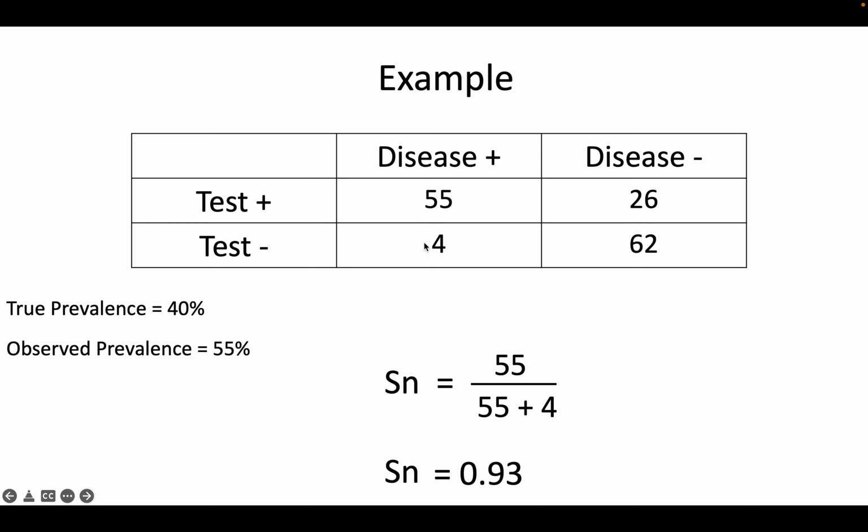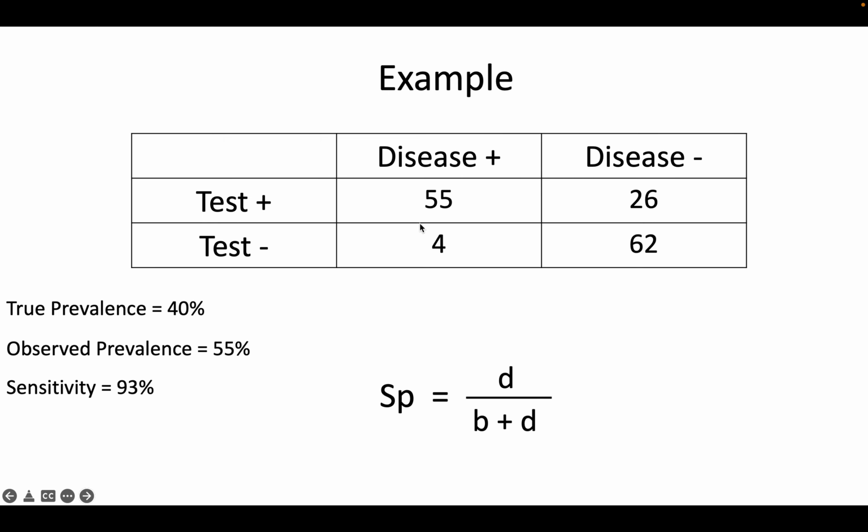We were able to capture 93% of the truly diseased people. Specificity is D over B plus D, and that comes out to 70%. So specificity is quite a bit worse. That means that of the people that are truly disease negative, we only correctly identified 70% of them.